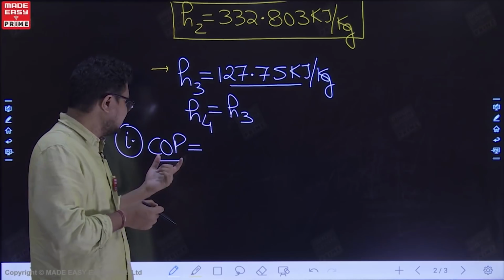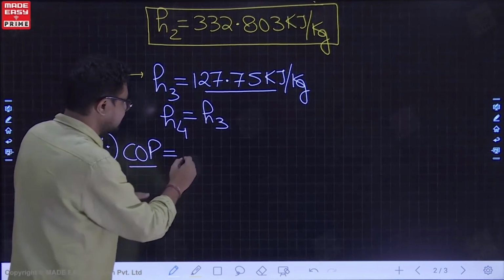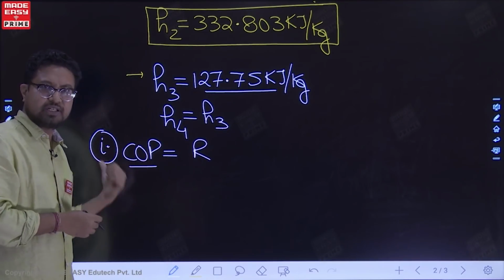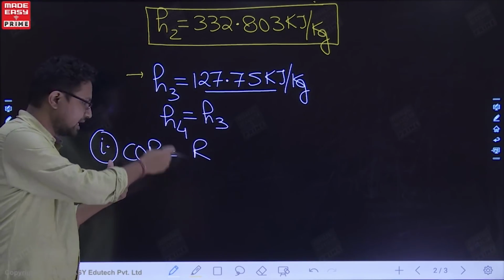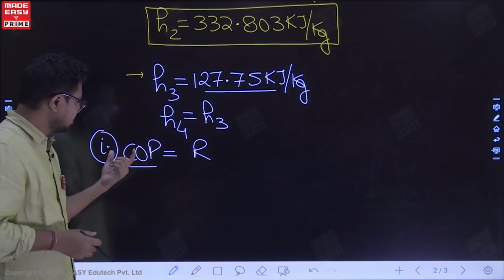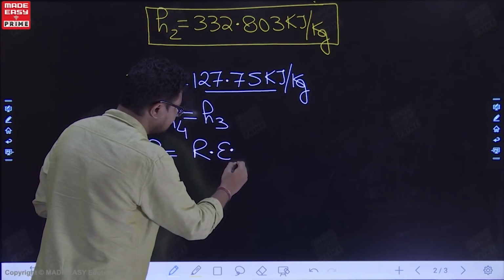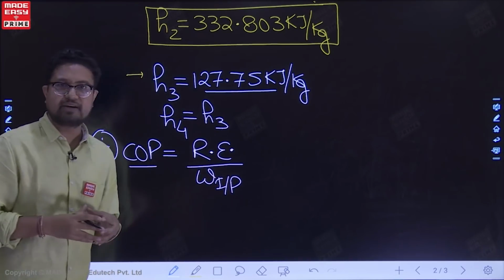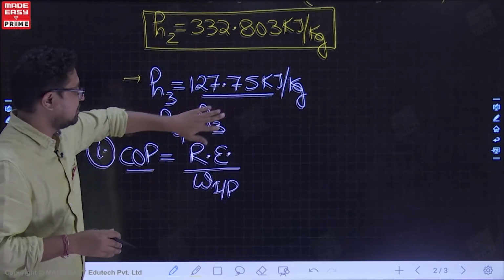So how to find out the COP? You can include it in the question, whatever we have to calculate. I forgot to write this because the entire screen was over. COP is refrigeration effect upon work input.